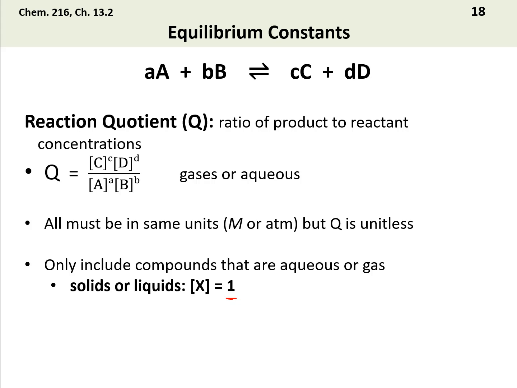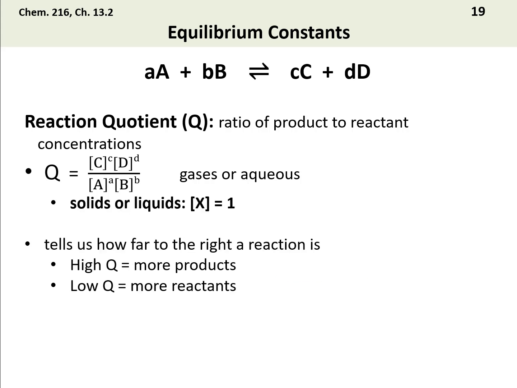Liquids are pure. They have no concentration. So in their place, we just use 1. So we only use concentrations for aqueous or for gas. So reaction quotient, ratio of products to reactants, only gases or aqueous, solids and liquids I put as 1.